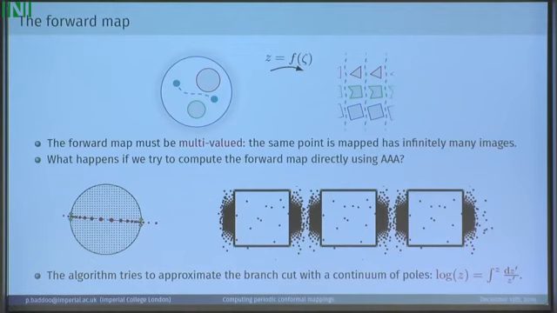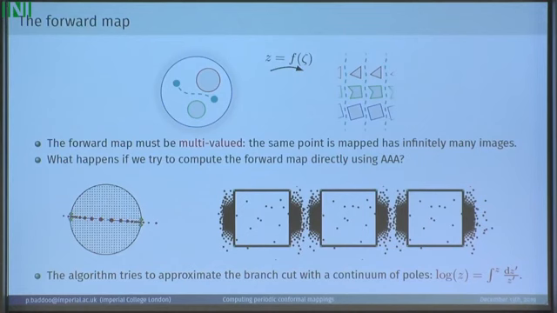So these green dots are mapped to these green vertices. And what AAA has tried to do here is represent this branch cut, which is this blue dashed line, with a continuum of poles. Because really, that's what a branch cut is: it's just poles of infinitesimal strength summed up. And you can see the effect of the mapping is not very good because AAA is putting these points inside the squares, whereas they should all be outside the square.